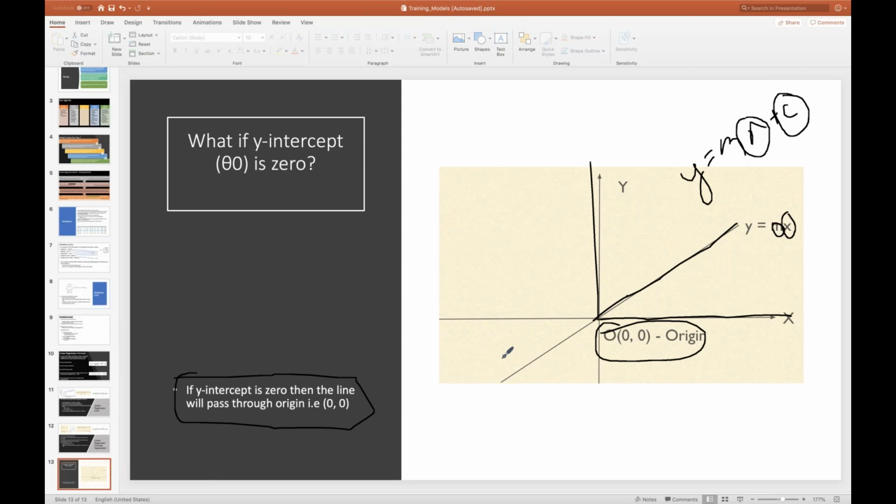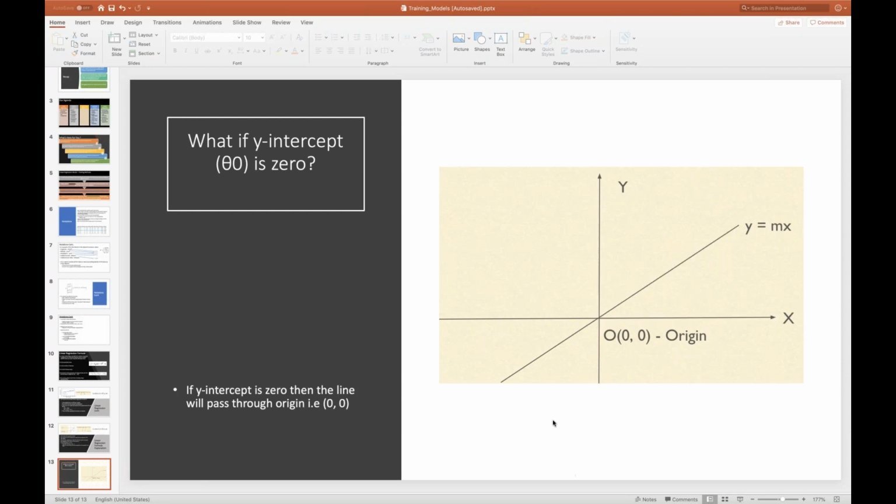If the y-intercept is 0, then the line will pass through the origin (0, 0). Initially, any formula, any instance you take in linear regression, will have y equals mx plus c, and it starts from the line of the graph for the slope value or intercept value. Intercept value theta of 0 will always be starting from 0, which is a base point.